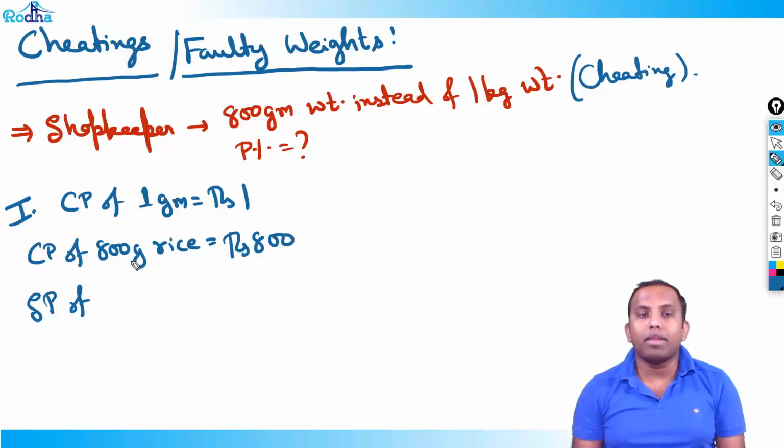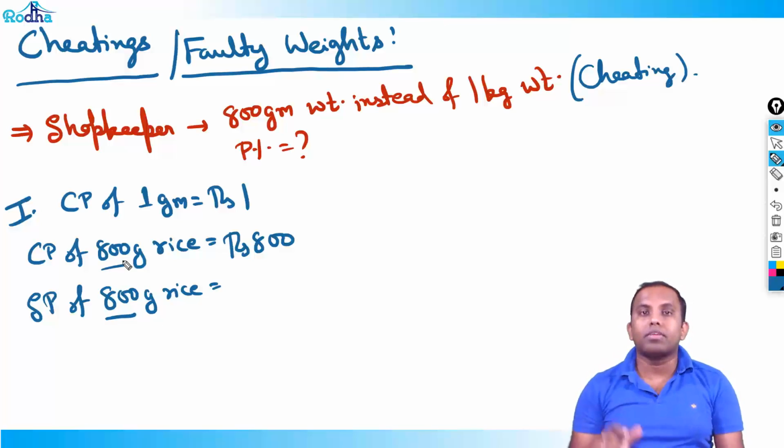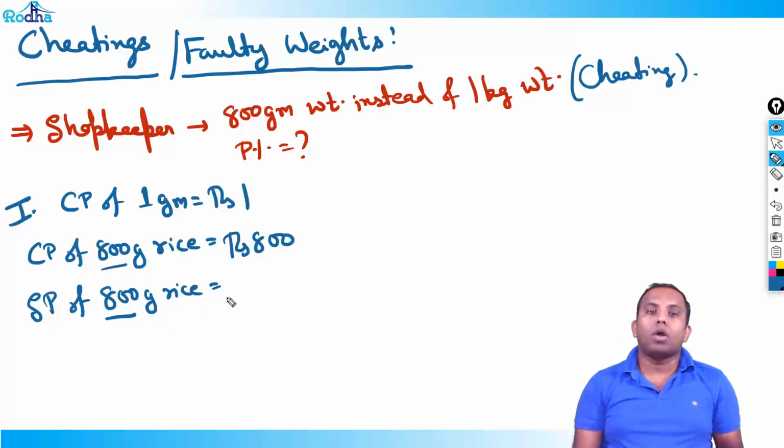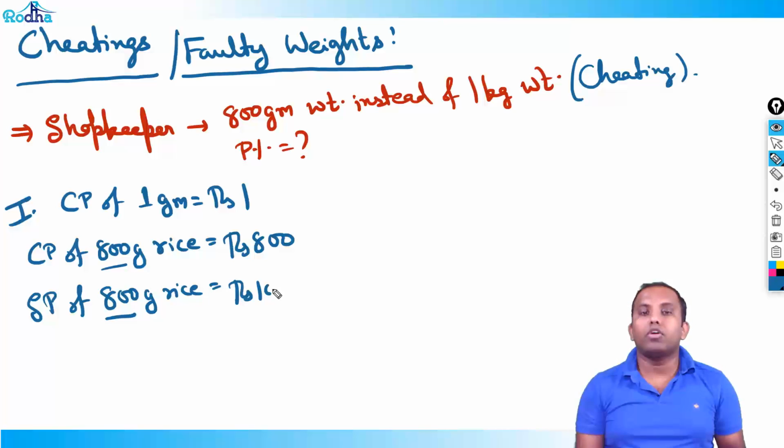Now, always compare between the same quantity. So if the cost price of 800 gram is 800, I should compare with the SP of 800 gram, because the compared quantity should be the same. We have discussed this earlier. What is the SP of 800 gram rice? It is nothing but rupees 1000. Why 1000?